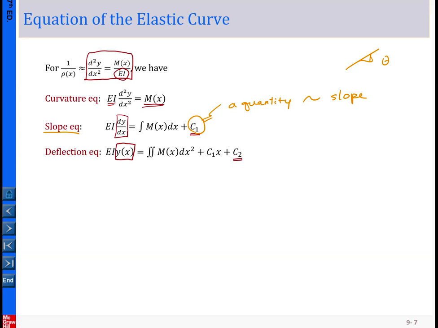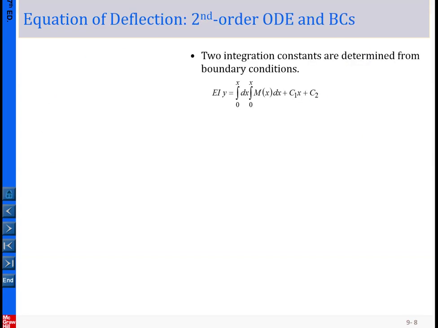So to solve for C1, you must look into the appropriate boundary condition pertaining to the slope. On the other hand, C2 is a quantity that appears in the deflection. So if you want to solve for C2, you should look for boundary conditions that give you information about the deflection. Keep this in mind.